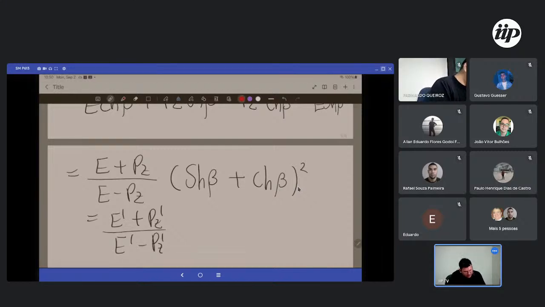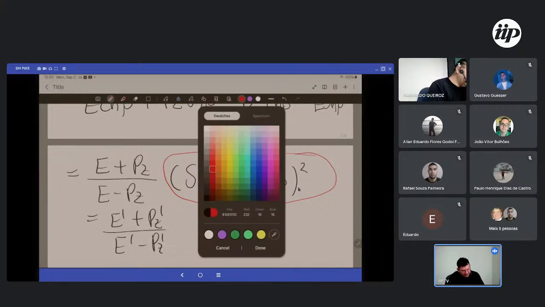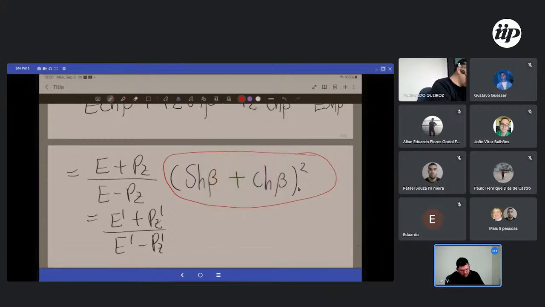How can we eliminate this factor? With a difference between those relations.